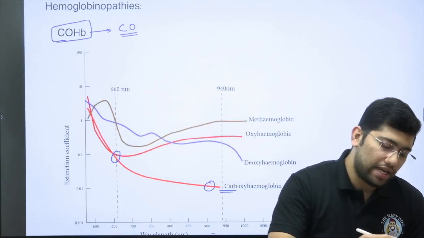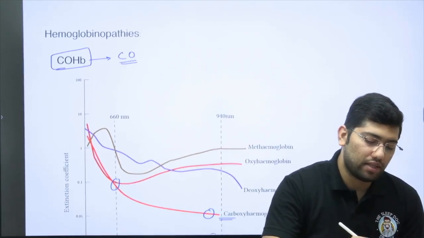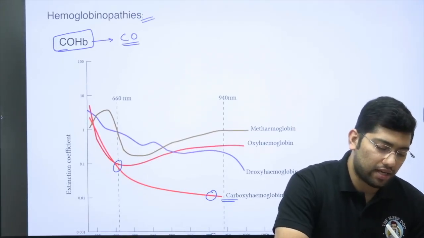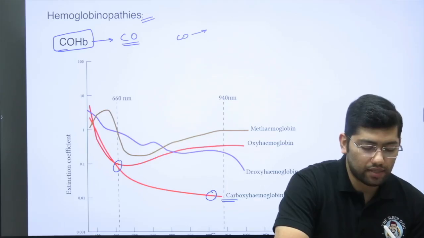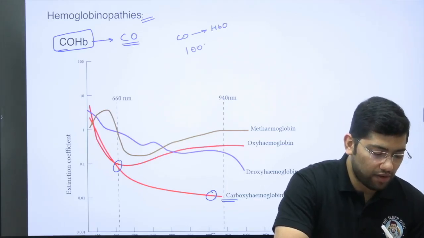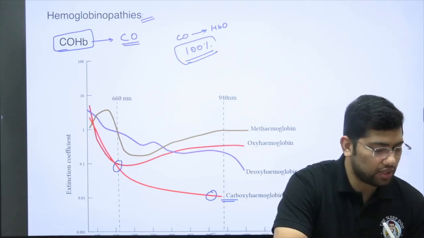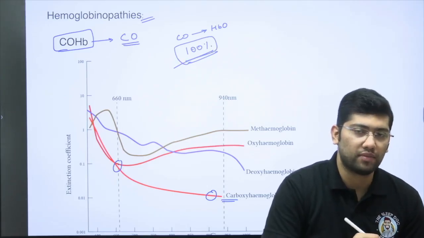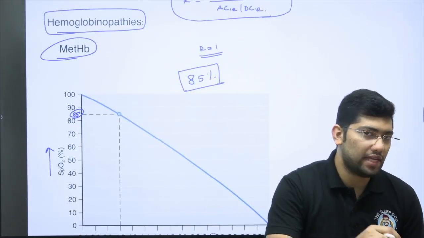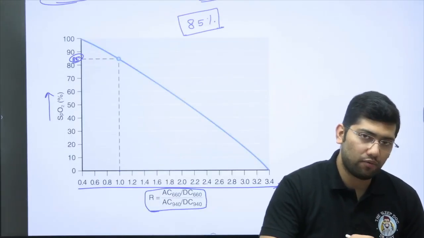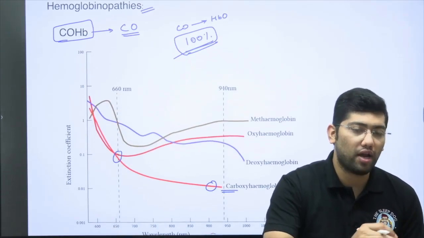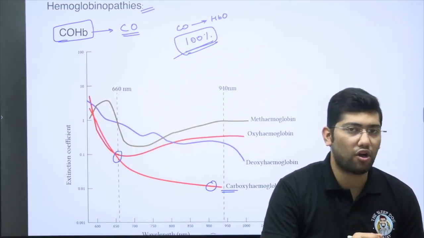So the inaccuracy is that the detector would detect carboxyhemoglobin just as it would detect oxyhemoglobin, and so saturations can even be up to 100% in cases of carbon monoxide poisoning. So two inaccuracies we saw: in methemoglobin, almost always 85% because of the R value being 1, and in carboxyhemoglobin it can go up to 100% because it closely resembles oxyhemoglobin.